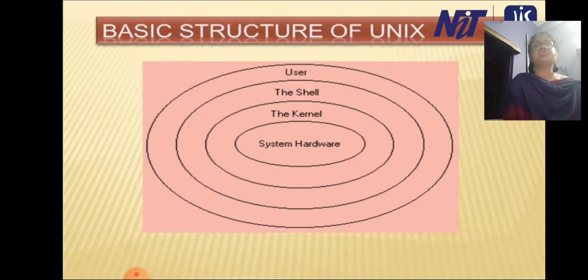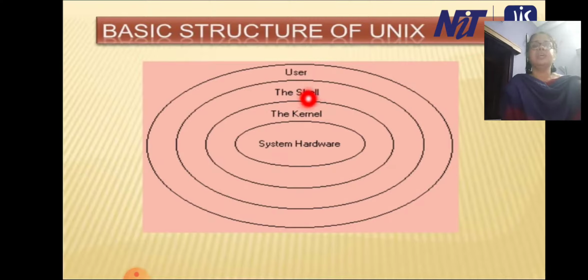Basic structure of Unix. Internally there is the system hardware, then the kernel, the shell, and at the end there is the user. The user interacts with the shell.